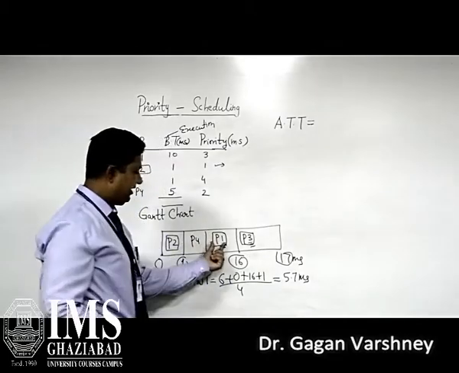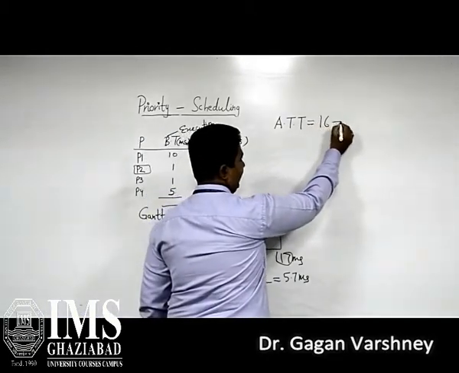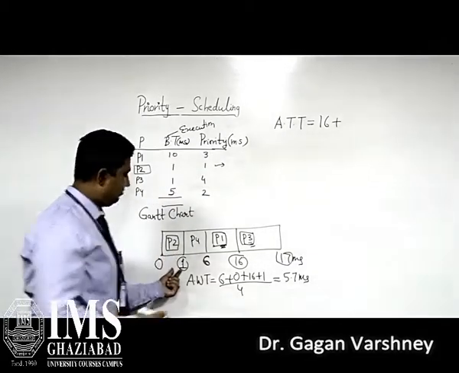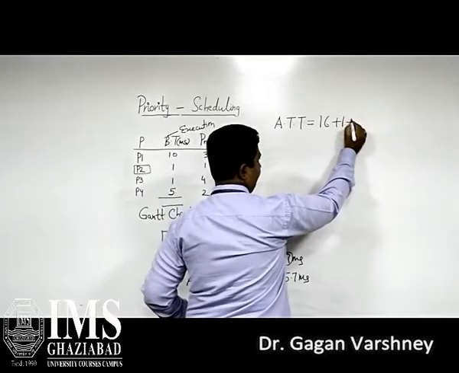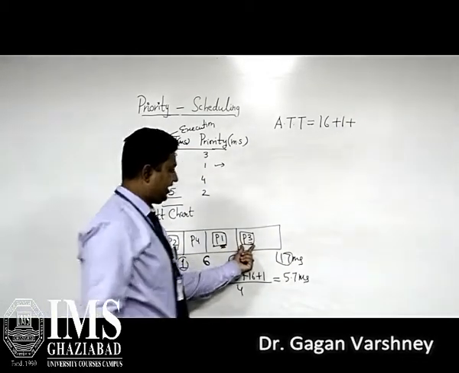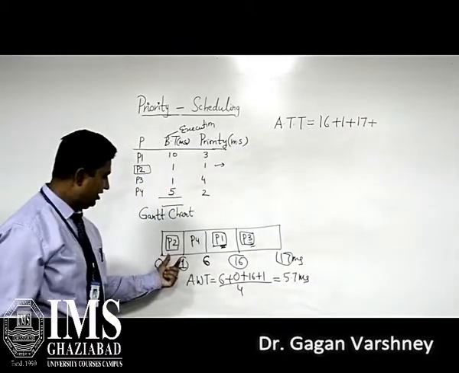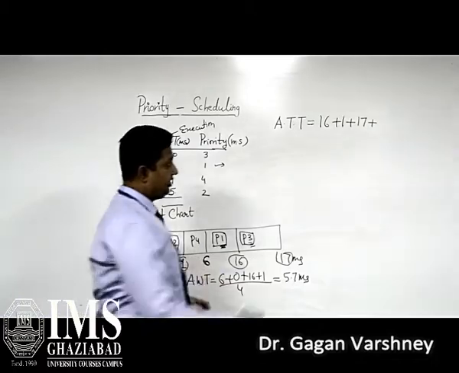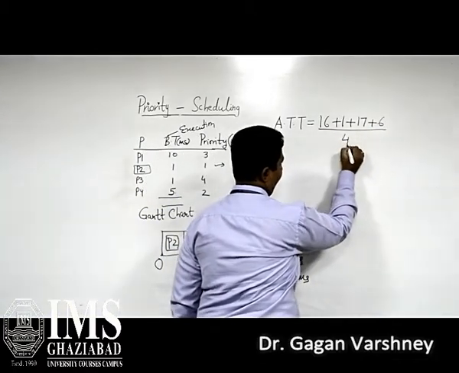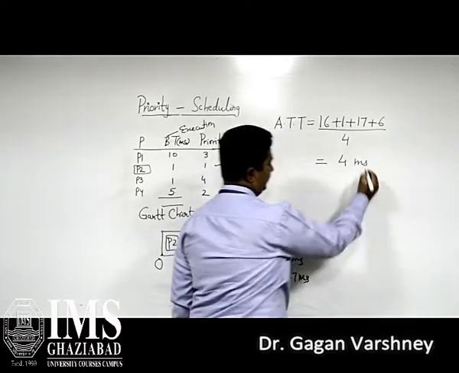So, for process P1, the turnaround time is 16 milliseconds, plus, for process P2, the turnaround time is 1 millisecond, plus, the turnaround time for process P3 is 17 milliseconds, plus, the turnaround time for process P4 is 6 milliseconds, and the total number of processes is 4.